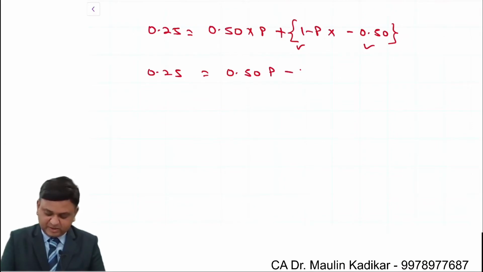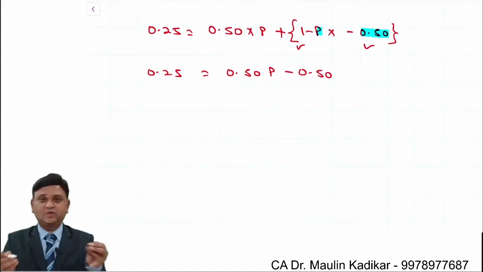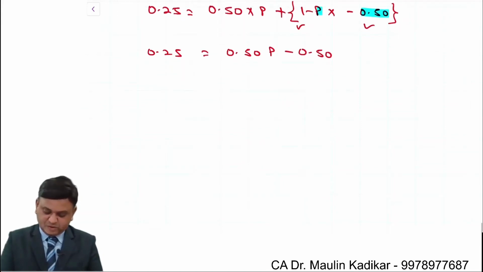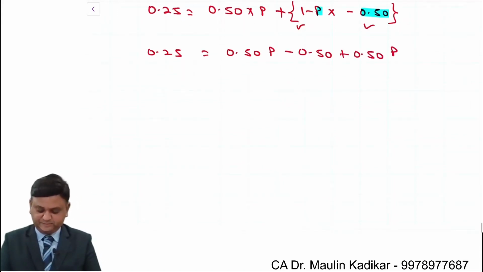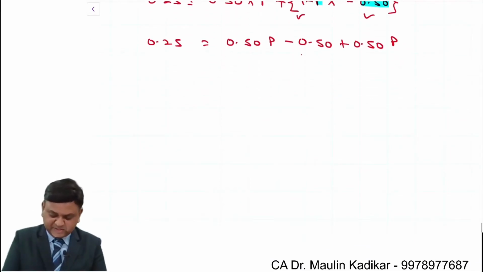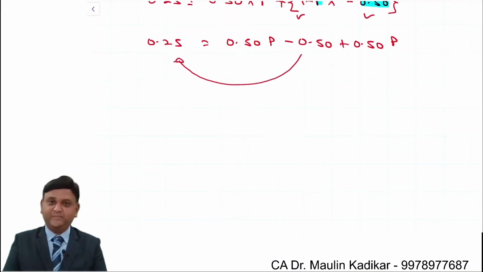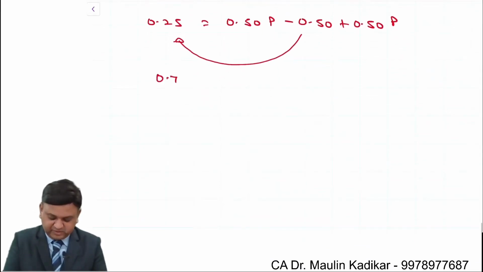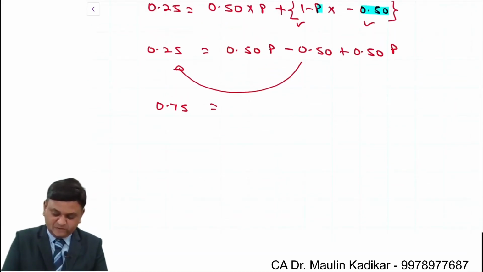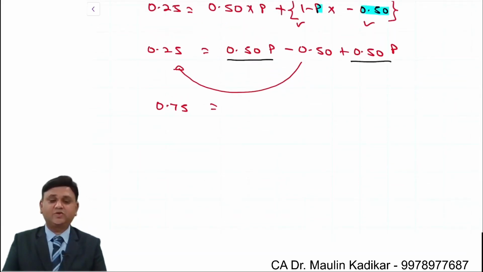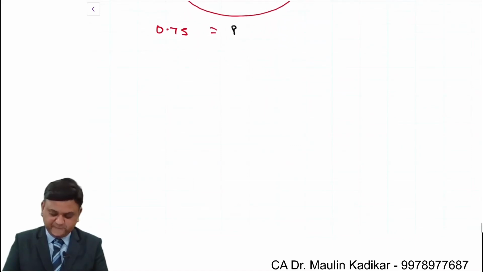So here it is negative 0.50. This is negative 0.5 and this is negative P, so negative will become positive. So plus 0.50 P. Now this is transferred over here, so from negative it will become positive. So it will be 0.75 is equal to 0.50 plus 0.50. So 0.5 plus 0.5 is 1. That is P. So P will be 0.75. Return answer.